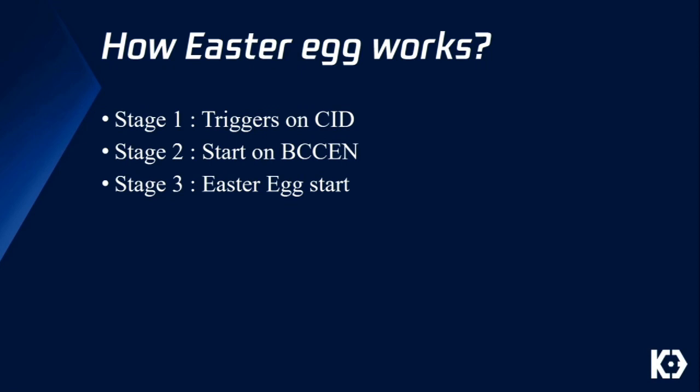Then you should be outside the vehicle and click the fob to trigger the Easter egg. Then the whole Easter egg will start. So there are 3 stages. The first stage triggers on the CID, and the second stage is the trigger on the BCM, and then the Easter egg will start.